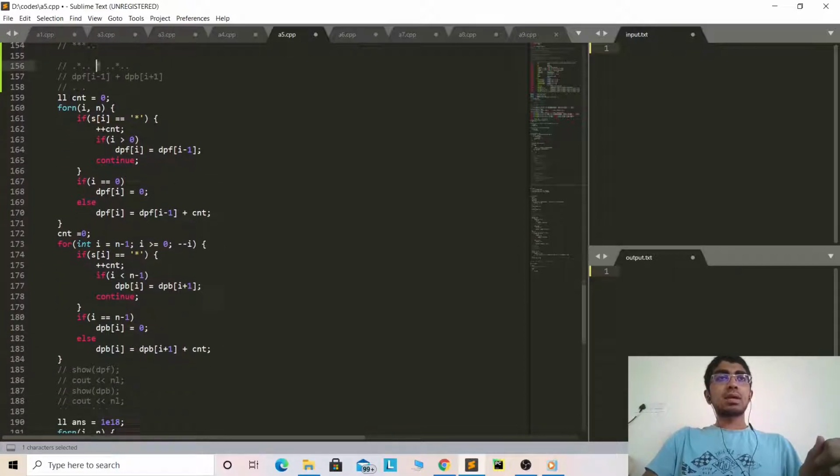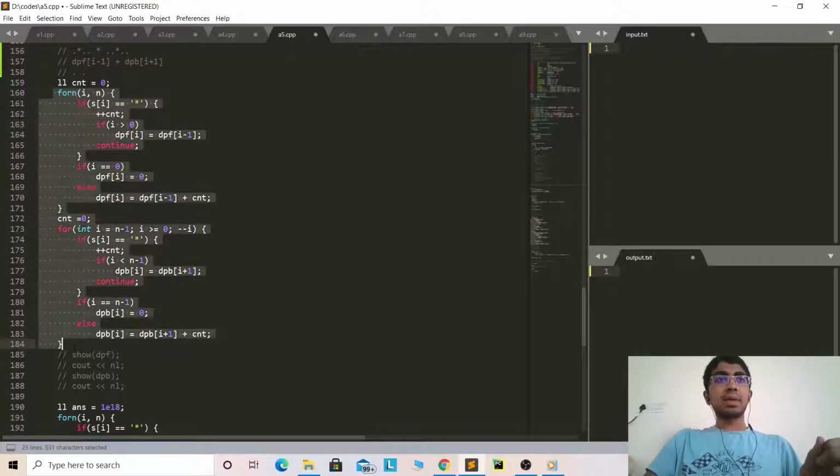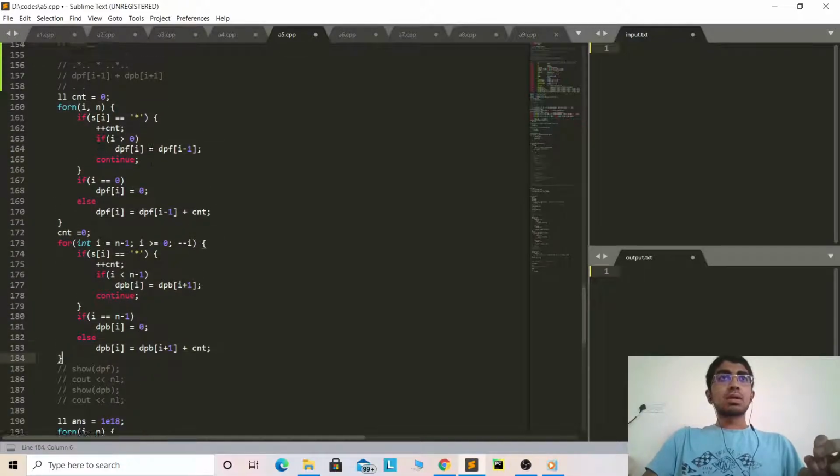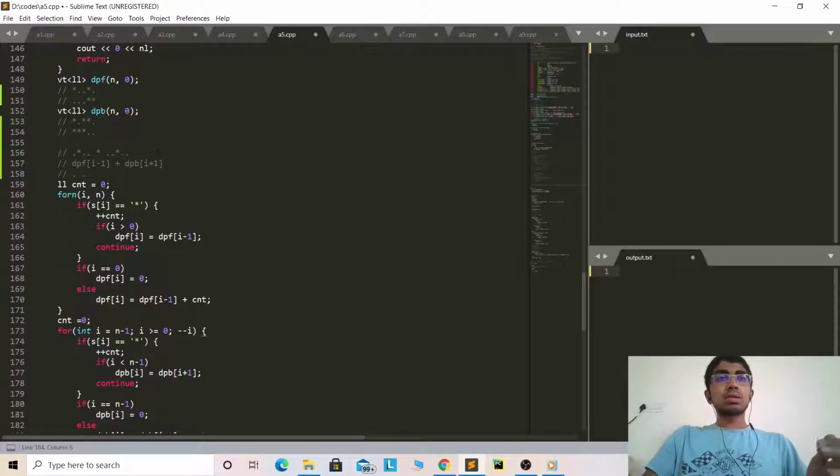In this part of the code I have calculated the DP values. The idea here is that if you want to move one position to the right, the cost would be the count of the stars which are there to the left. If there are k stars and you want to move all of them 1 unit right, then the cost also would be k.